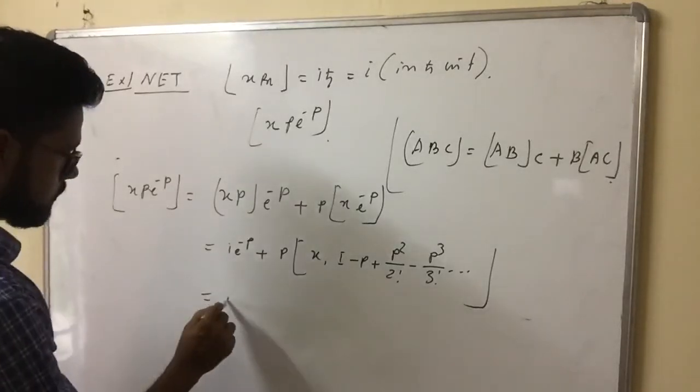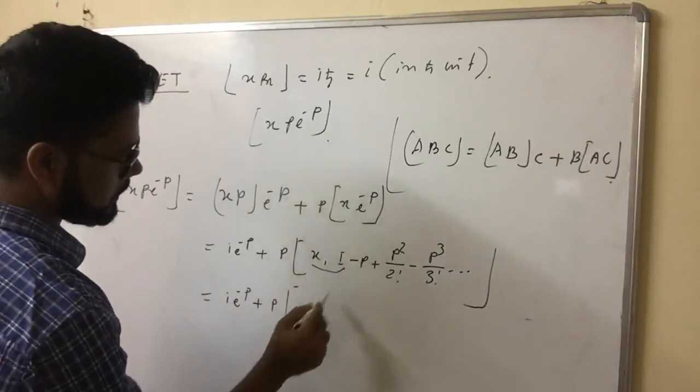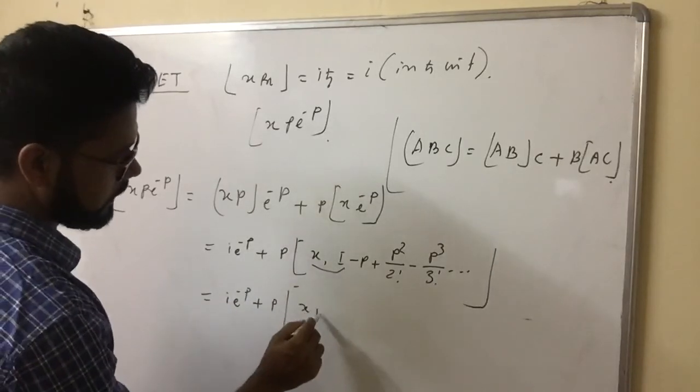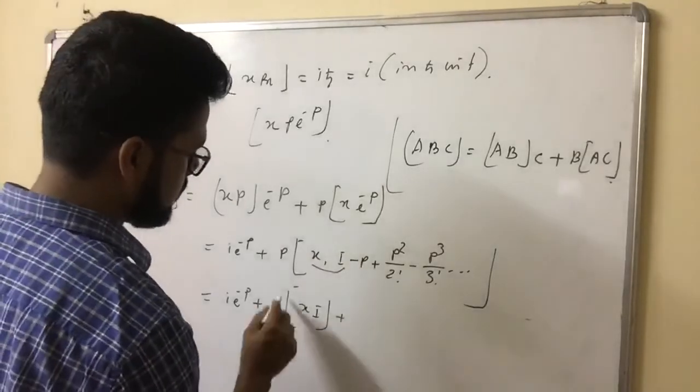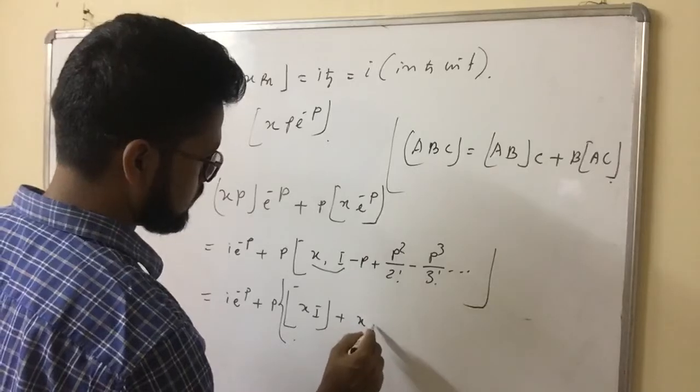So the first term will be i e^(-p). Next, p, this first term with this one, [x, 1]. Second term will be p is already there, [x, -p].